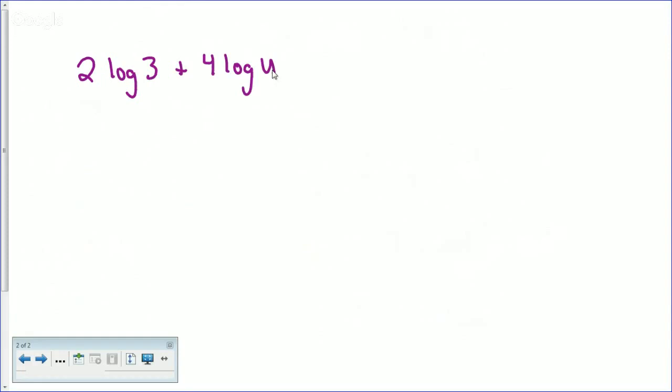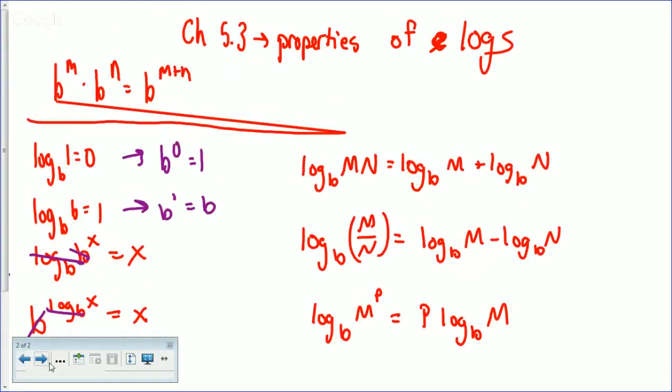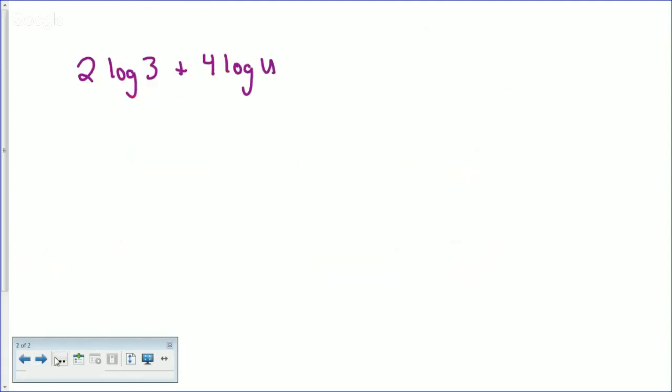How I would do that is I would use these properties that we had just talked about, such as this one right here. If I have a coefficient out in front of my logarithm, I can bring it up to a power. So that's what I'm going to do here. I have log 3 squared, plus this 4 would also go up there, so we'll have log u to the 4th.